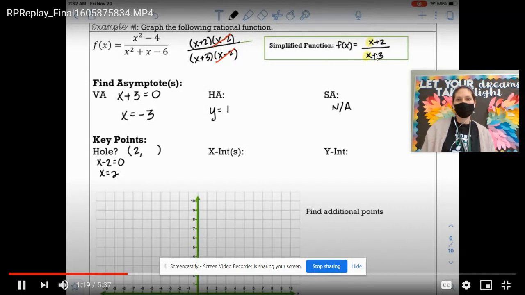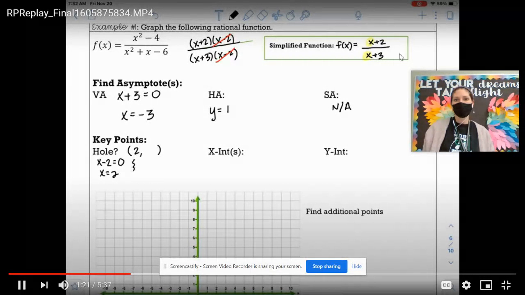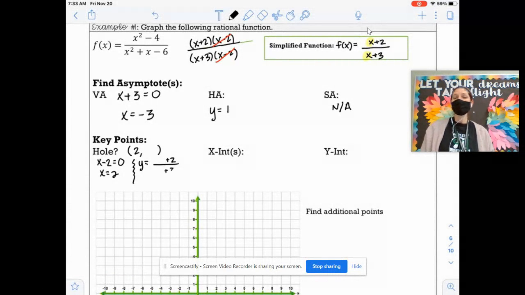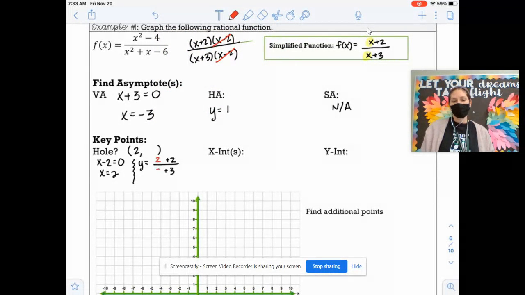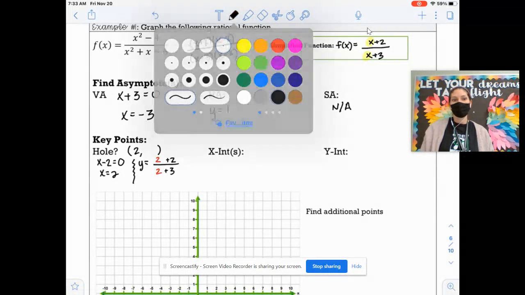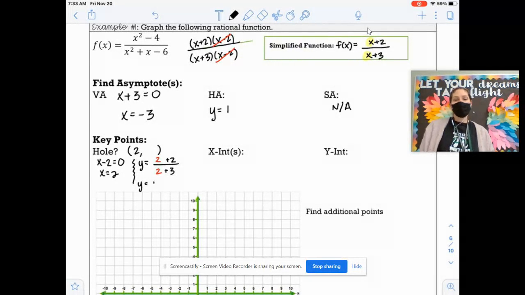So I'll do exactly that. I'll plug 2 in right over here to this reduced function. So in the numerator, 2 plus 2. In the denominator, 2 plus 3. So my y coordinate of the hole would be at 4/5. On the graph, when I go to graph this, I'll have an open circle.